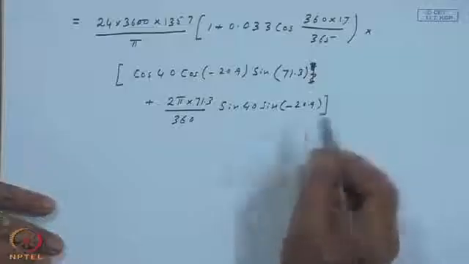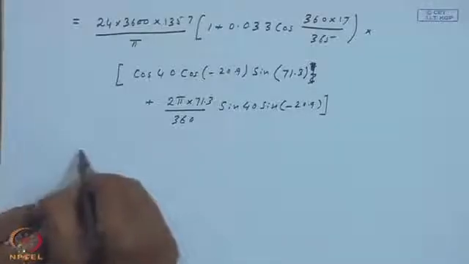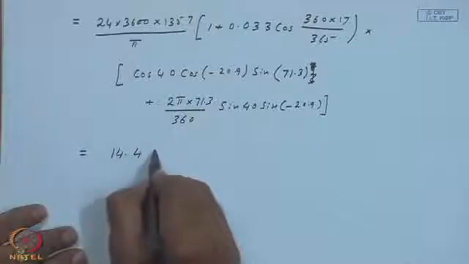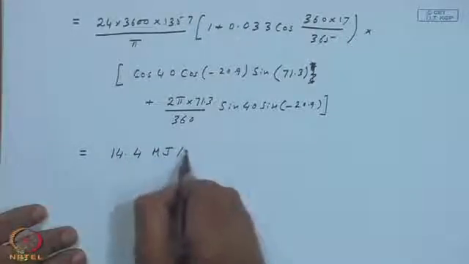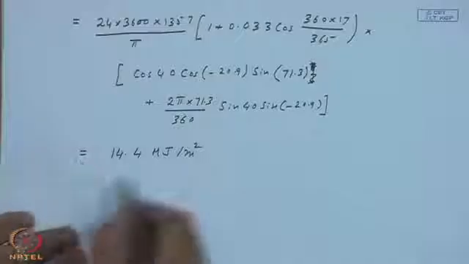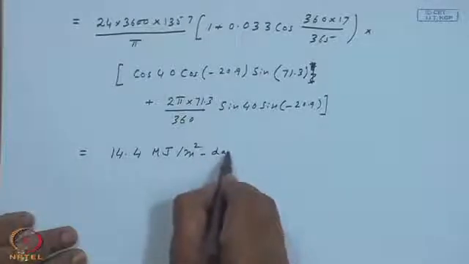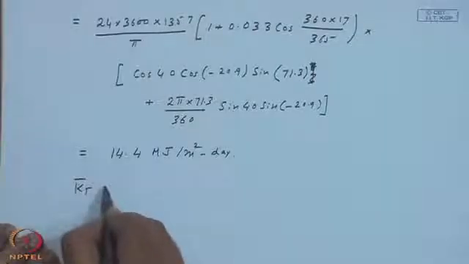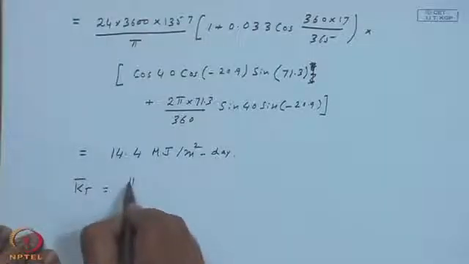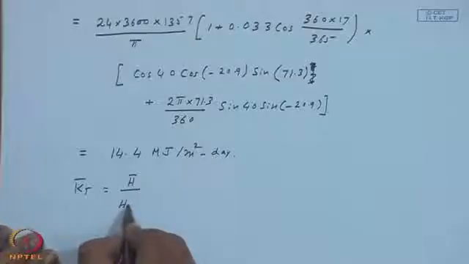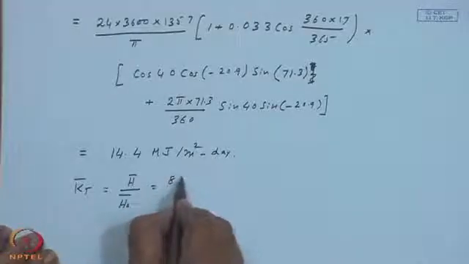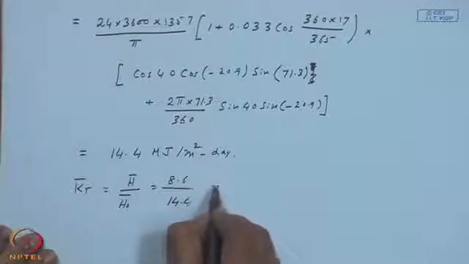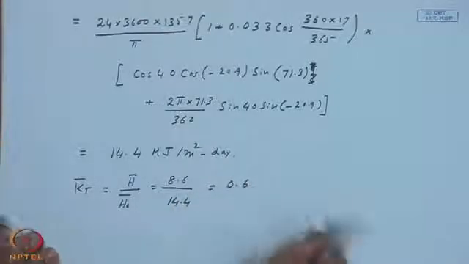You can check with the relation which we have given n number of times. That comes to 14.4 megajoules per meter square day. So the monthly average clearness index is H bar by H 0 bar, which is 8.6 by 14.4, equal to 0.6.